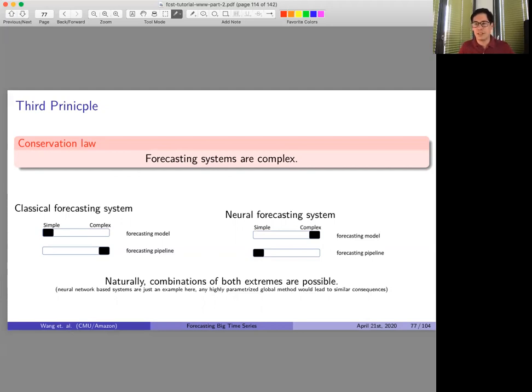And of course, I'm putting this here for the sake of exposition primarily. Of course, the truth is somewhere in between. Maybe you want to also combine classical methods with neural networks, or you want to be able to override neural networks in certain situations when the forecasts potentially go crazy.